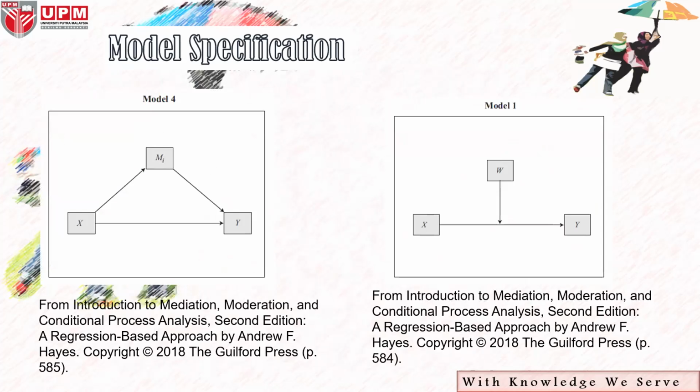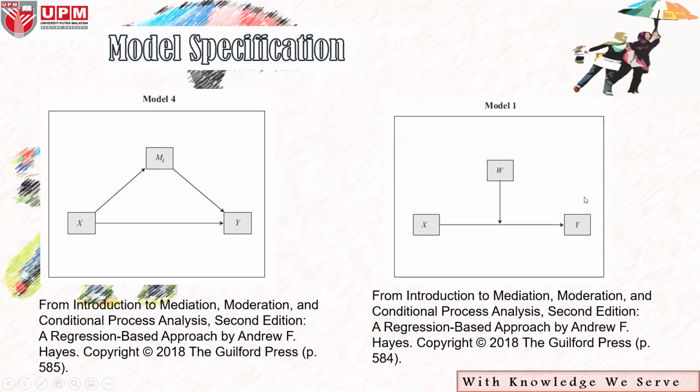Okay, ni saya terangkan berkenaan model. Actually when Preacher and Hayes proposed the process system, he came up with a book. The name of the book is Introduction to Mediation, Moderation and Conditional Process Analysis. The second version, which is 2018, I thought dia ada lagi the latest lah.